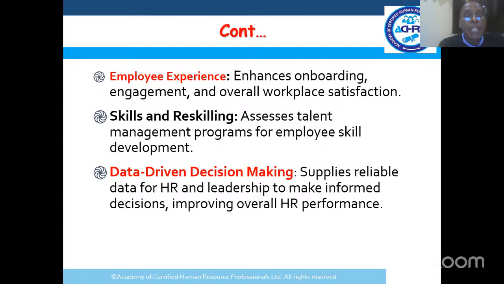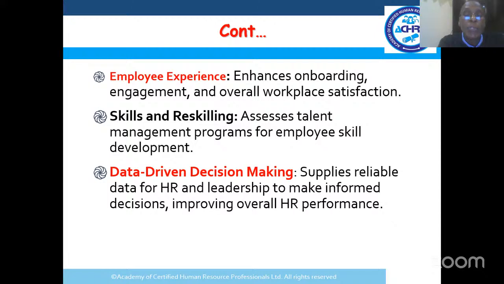Even in marketing, people don't just sell products, they sell experience. So in HR, we are now focusing on employee experience from the time they join the organization to the time they leave. Onboarding is one of the ways in which we can create this experience, and so is the way we prepare ourselves for exit and separation.